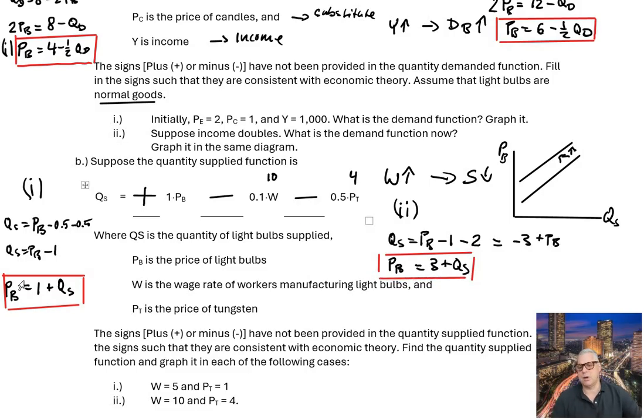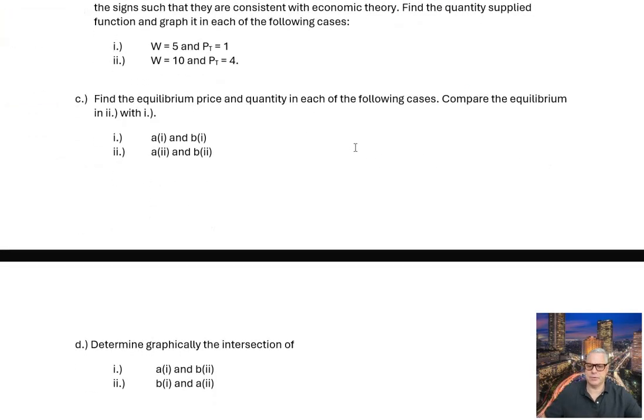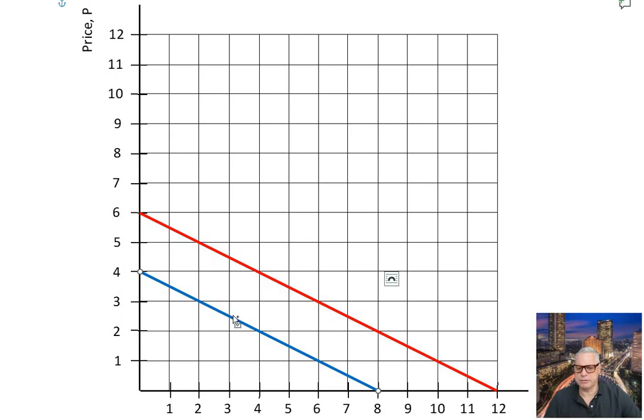Okay, so we have now scenario 1, PB equals 1 plus QS, and scenario 2, where everything became more expensive, and you see that is like a leftward shift of the supply function. But let's add it to the graph. The blue one starts at 1 and has a slope of 1.